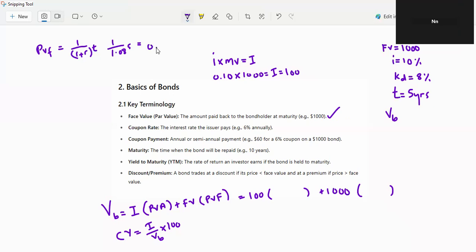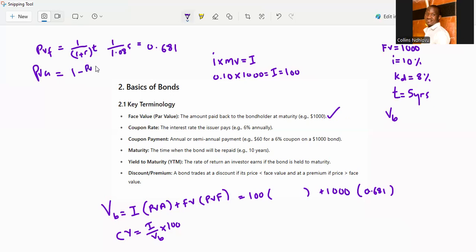0.6807. So this comes here, 0.681. Okay, then the annuity factor is simply 1 minus the present value factor divided by the r.